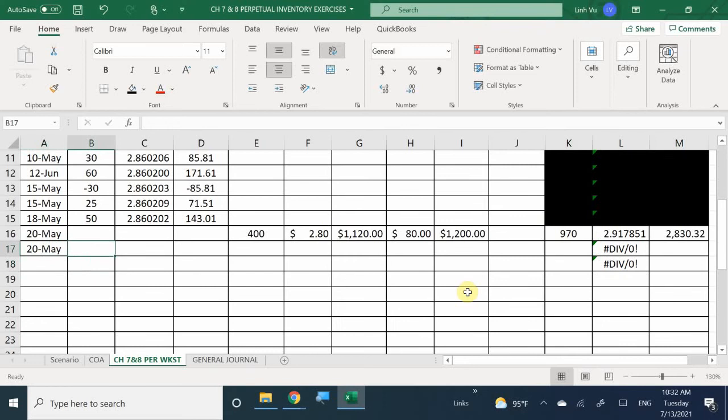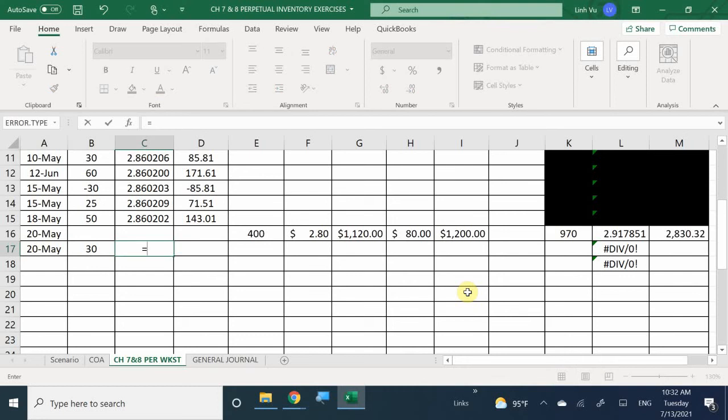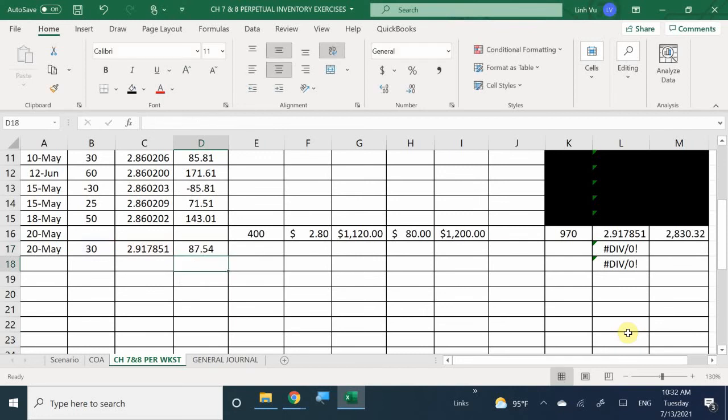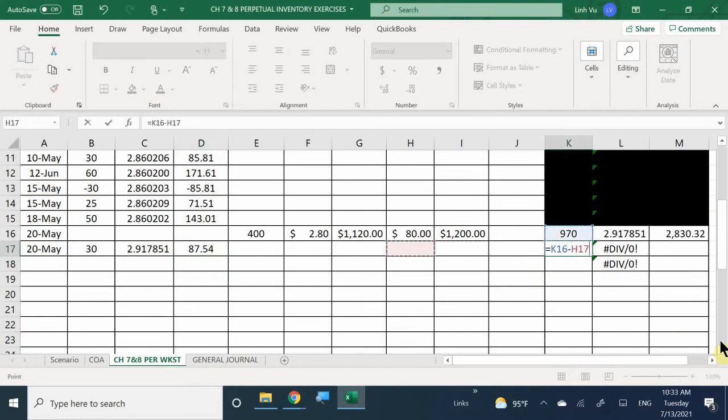We sold 30 mugs at what cost? At 87.54. Yes. And total is going to be 87.54. Good. So now let's go ahead and update my inventory since I no longer have 970.